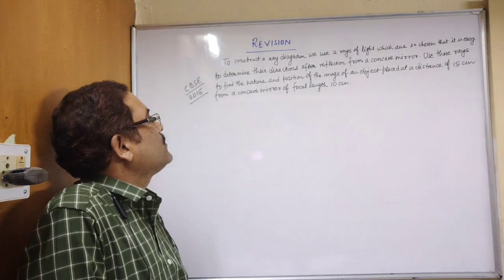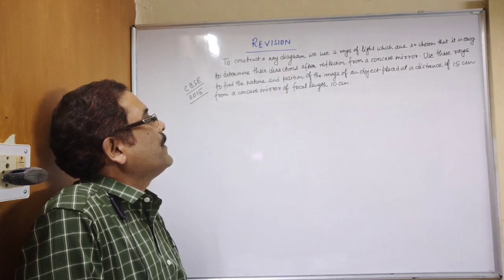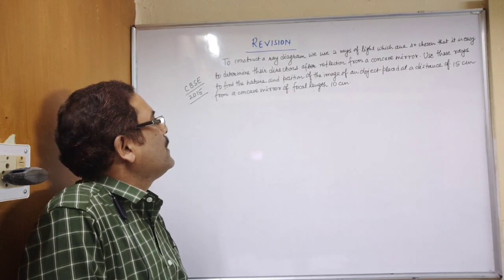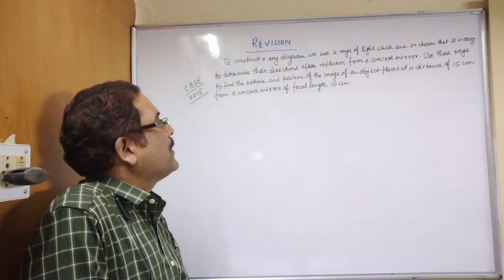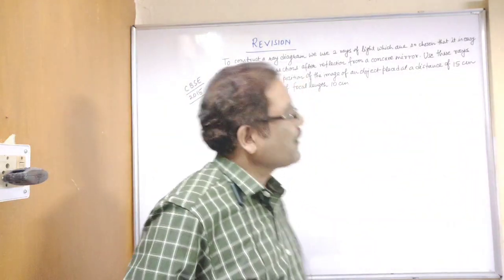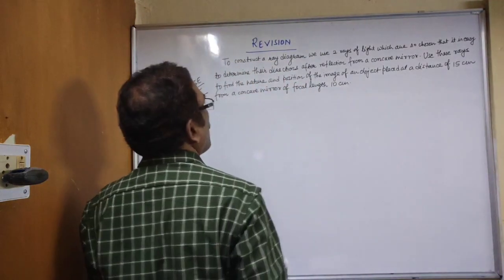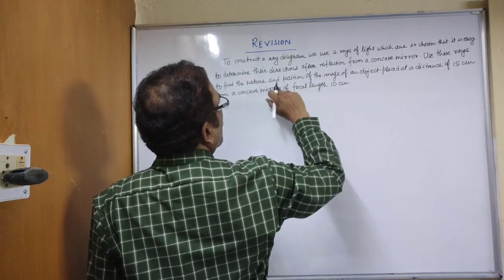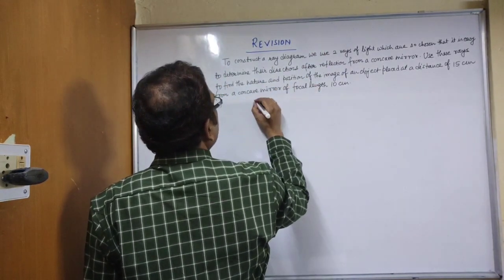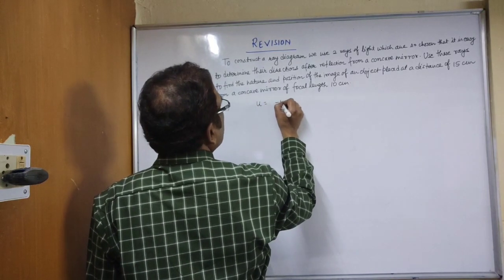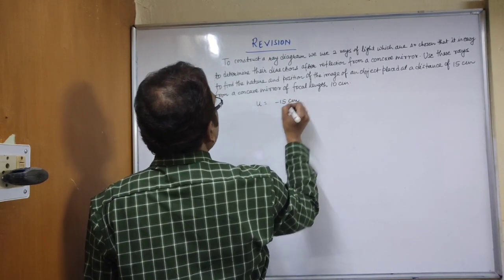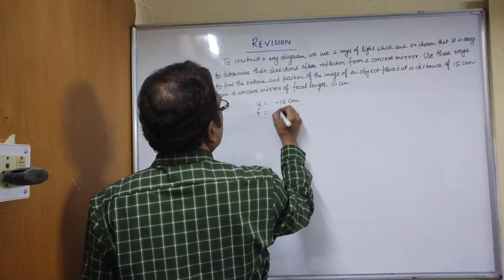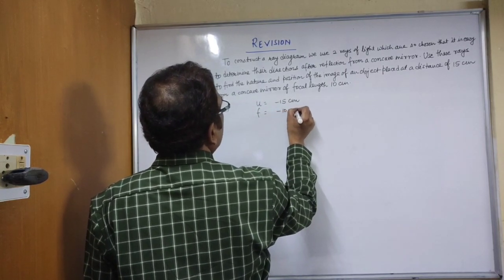Use these rays to find the nature and position of the image of an object placed at a distance of 15 centimeters from a concave mirror of focal length 10 centimeters. So the given things are object distance, which is minus 15 centimeters, and focal length of the concave mirror, which is minus 10 centimeters.